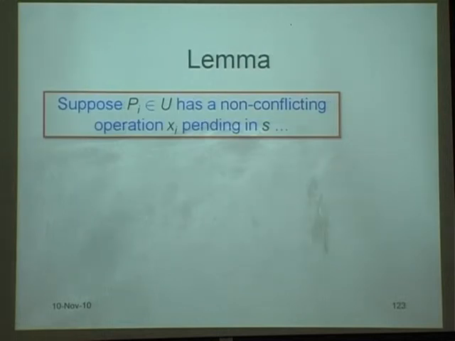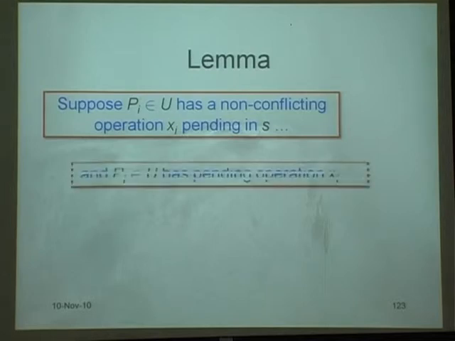Okay, so it's going to be case analysis. Suppose some process PI in U has a non-conflicting operation, either a read or a write, pending in S. So either it's a read or a write, but nobody else is doing the complementary operation to the same location. And some PJ has some pending operation X sub J. We don't know what it is.